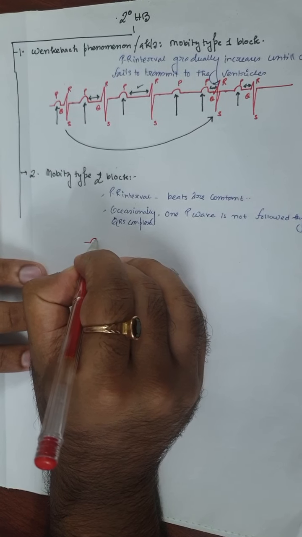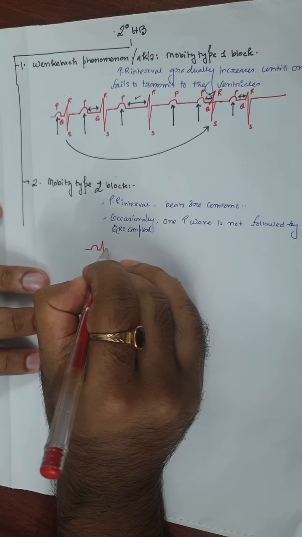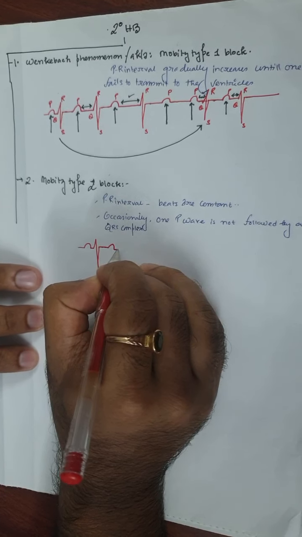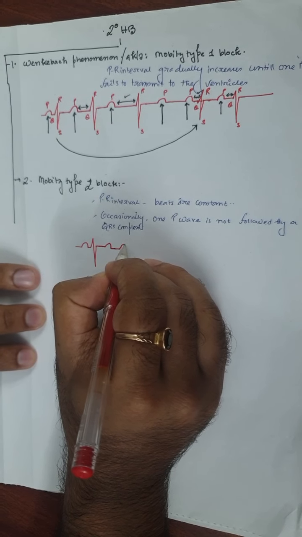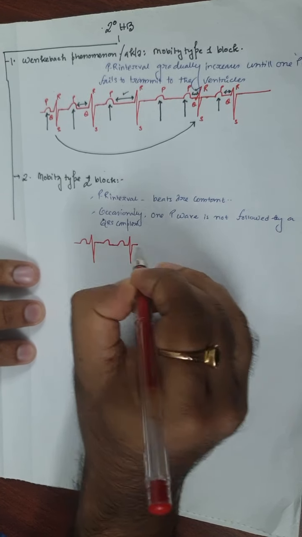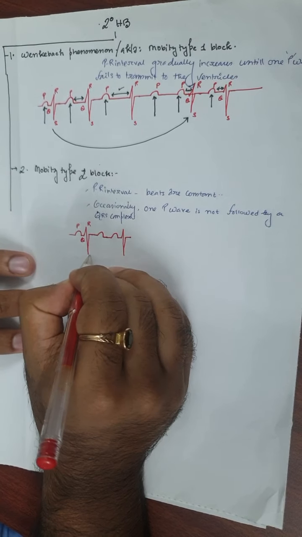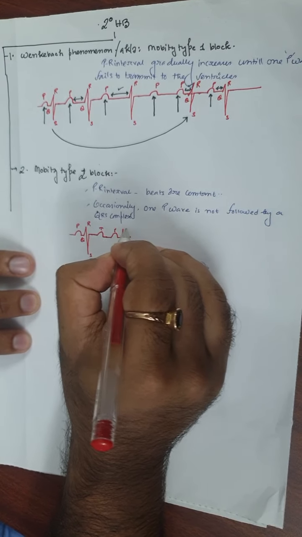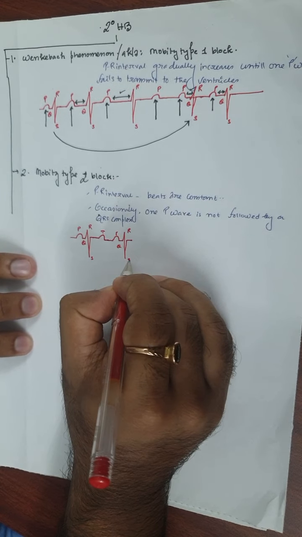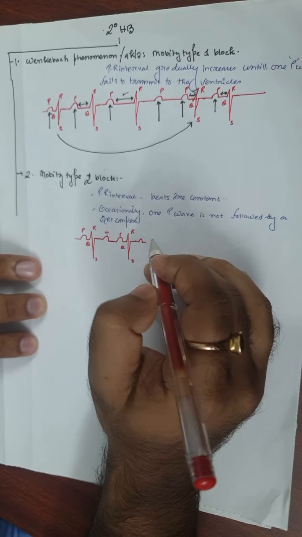This is a P wave, QRS complex, again a T wave, then a P wave, QRS complex. Let's make it like this: QRS, T wave, P wave, QRS, again a T wave.